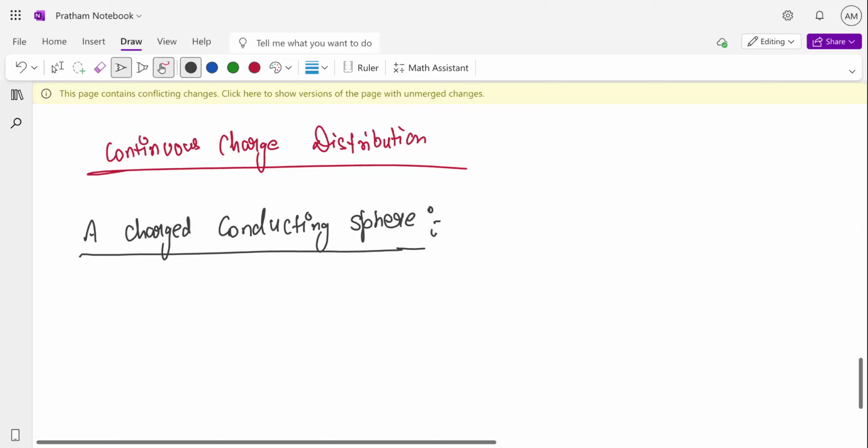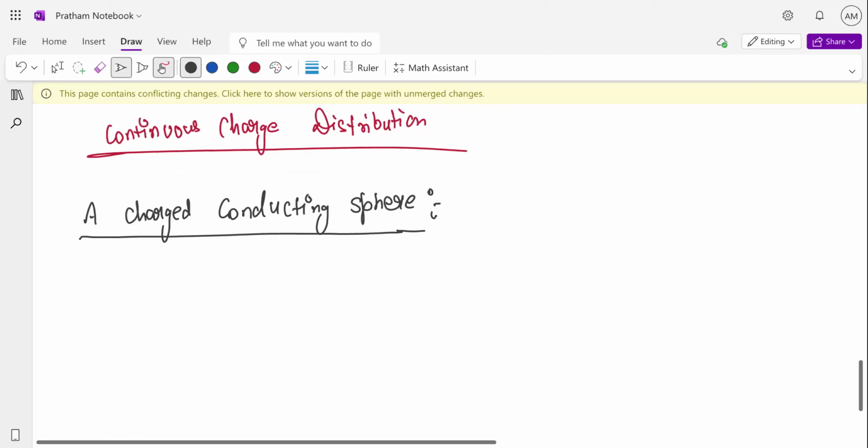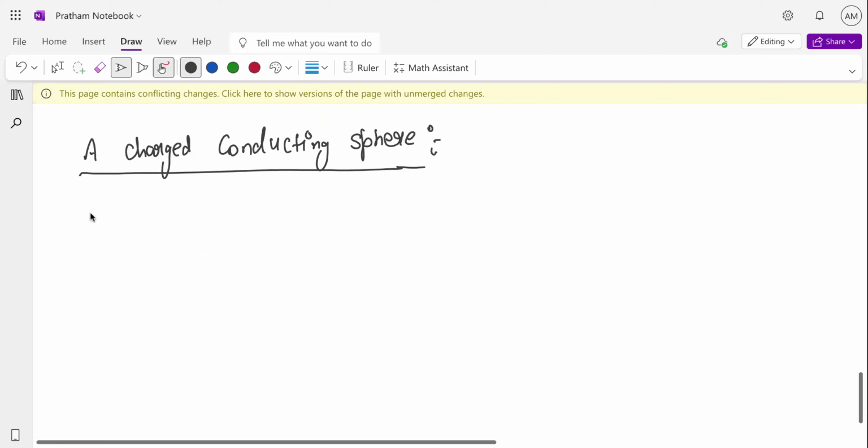In either case, because it is conducting, all the charges will try to move outside, meaning all the charges will be present at the outside of the body. So whether I take the solid case or the hollow case, the result will come out the same.